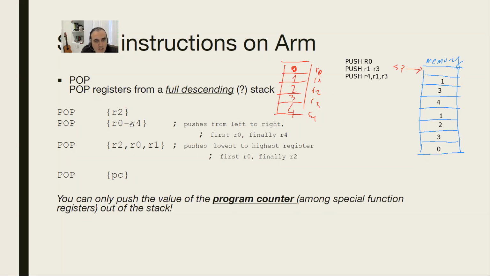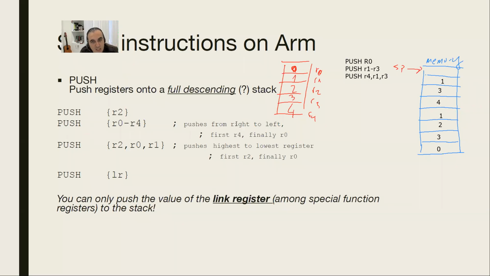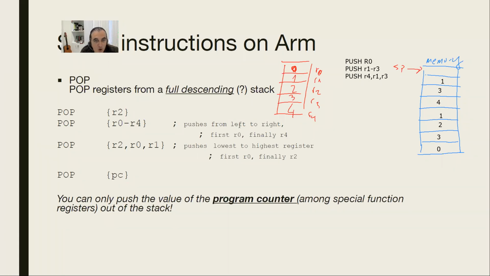If you say pop R0 to R4, it will do multiple pops together, but this time from left to right, first the leftmost, then the rightmost. It was not the case for push. It was the rightmost first and the leftmost last. It is the opposite here.